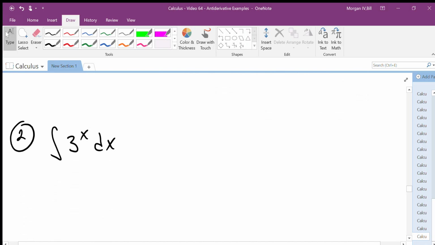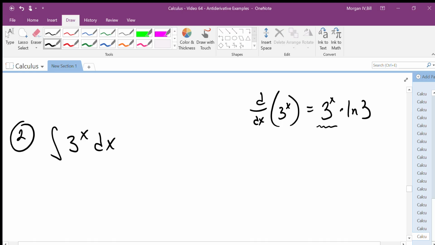Right? So just remember the derivative of 3 to the x is itself, 3 to the x, times the natural log of 3. Okay, but what we want to do is take the antiderivative of 3 to the x. We don't have the natural log of 3 over here anywhere.